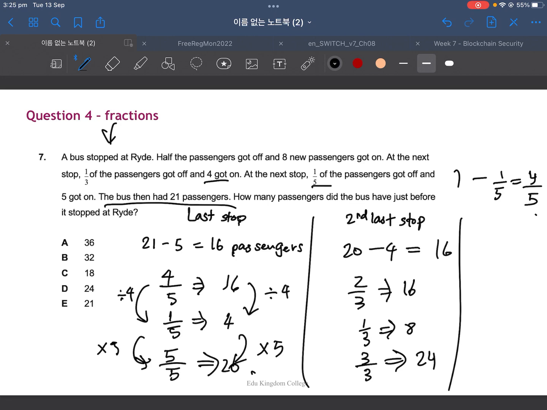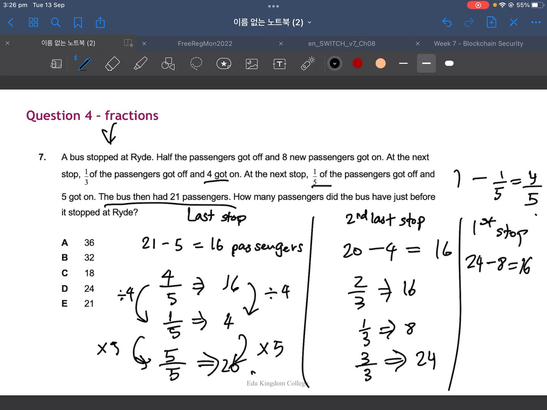Okay. Now, the first stop. We're at the first stop now because we're working back in time. At the first stop, half the passengers got off and then 8 new passengers got on. If 8 new passengers got on, and there were then 24 passengers, that means that before the 8 got on, I had 16 passengers. And then before that, half the passengers got off.